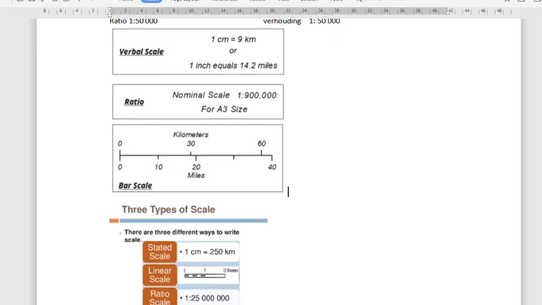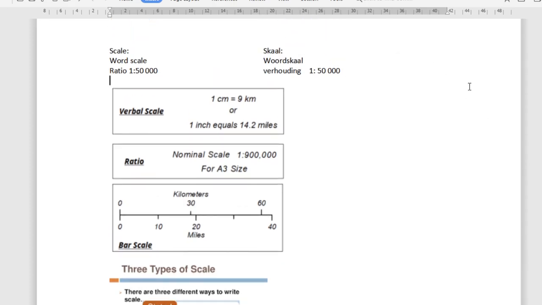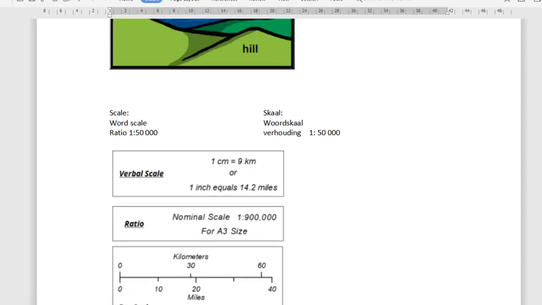Okay, so dis 'n ratio scale, en dan kry ons ook 'n linear scale. So we can call it a line scale. I think in your book it says line scale. Okay, so dis 'n line scale.